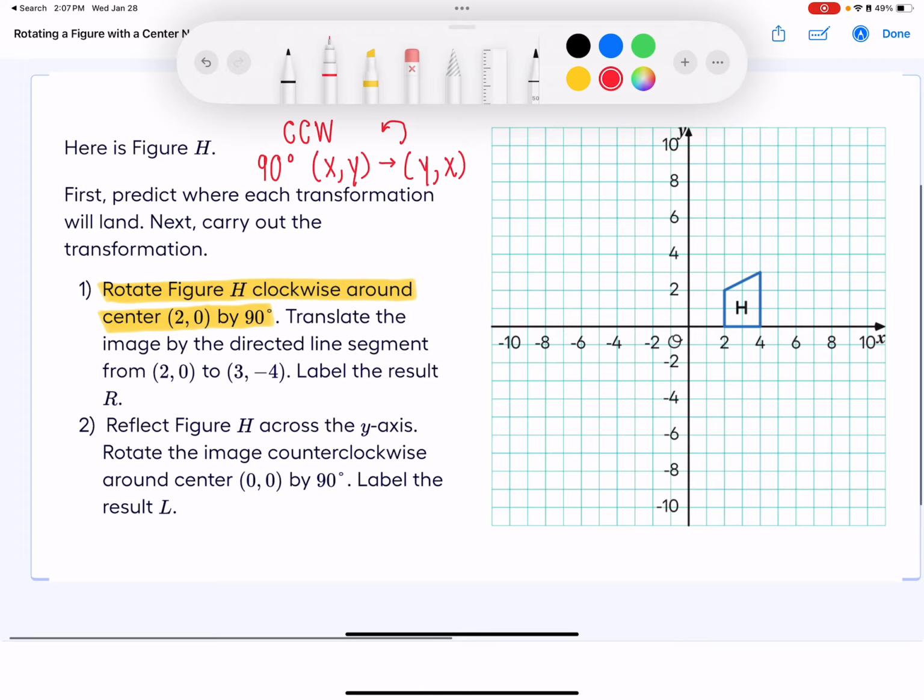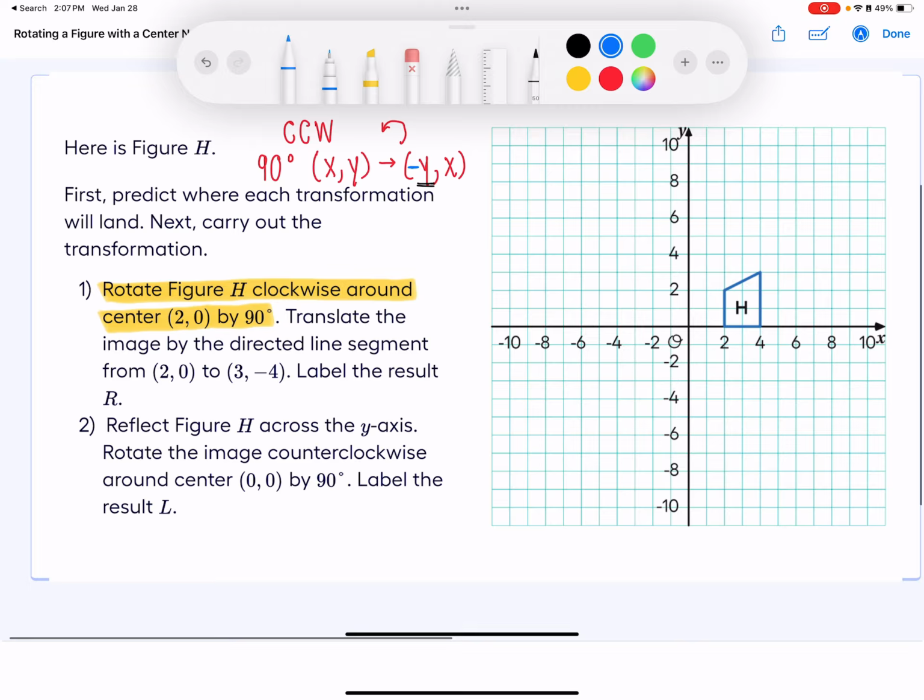We're going to swap them, and then we're going to write the opposite sign for x. So whatever is in this first position, where the new x value is, we're going to write the opposite sign. So we have (x, y) becomes (negative y, x).